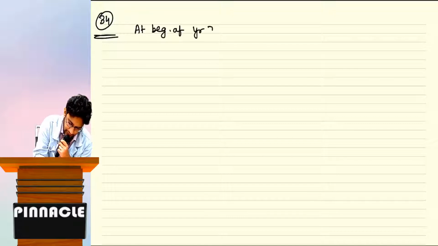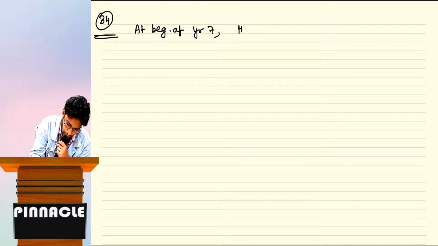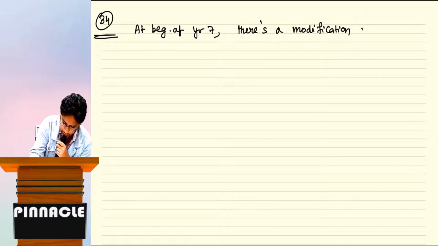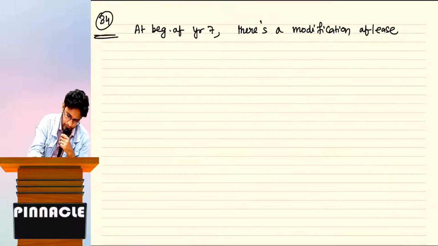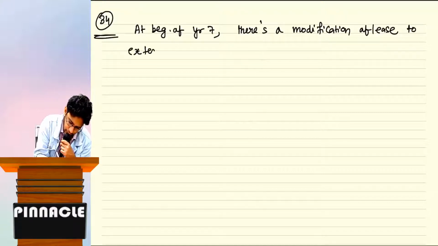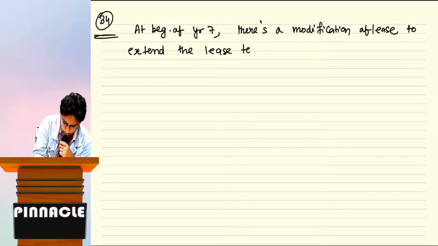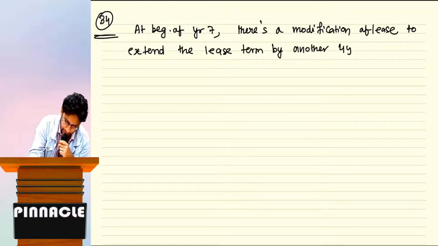At beginning of year 7, there is a modification of lease to extend the lease term by another 4 years.